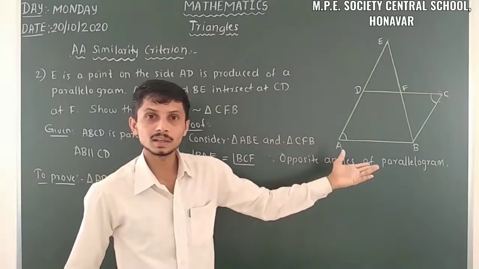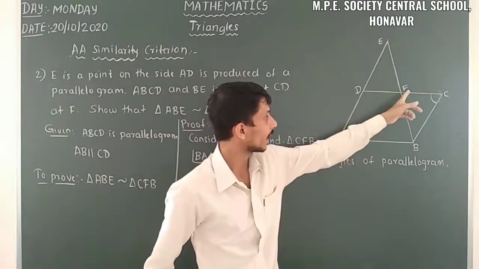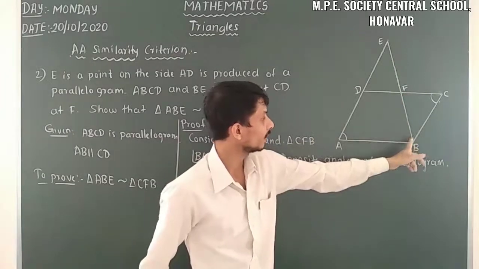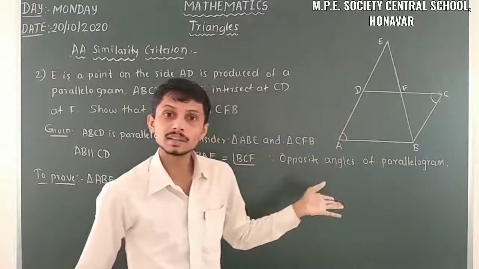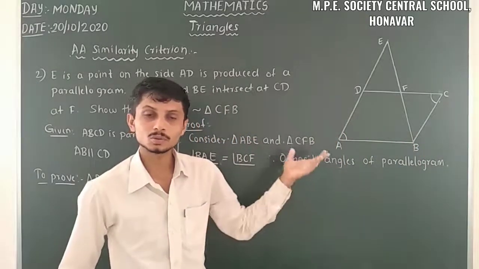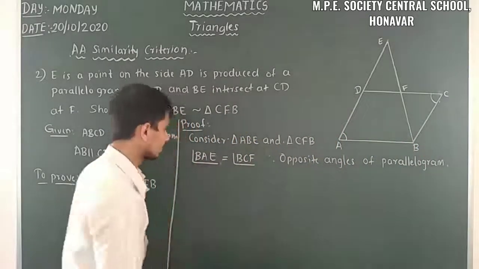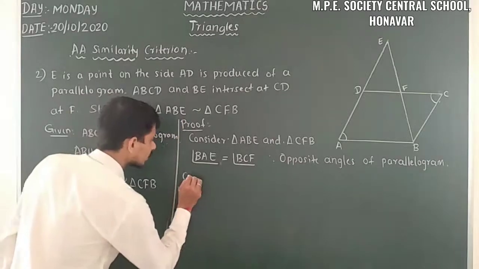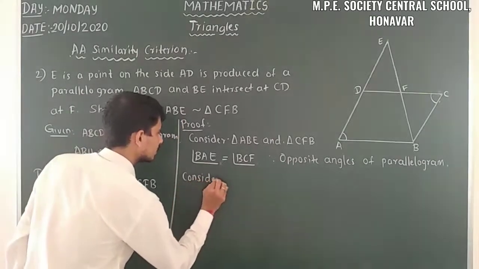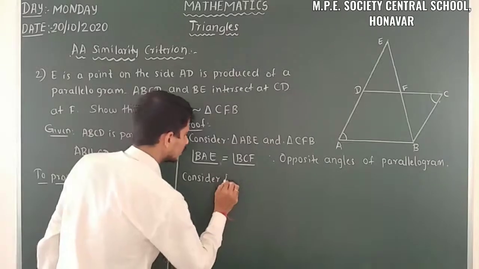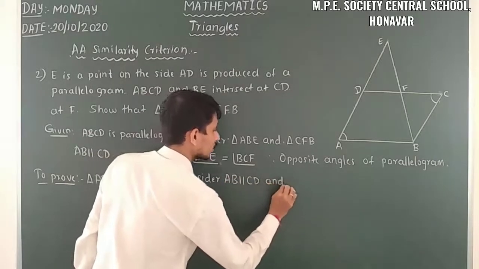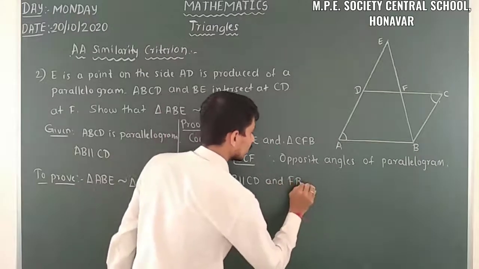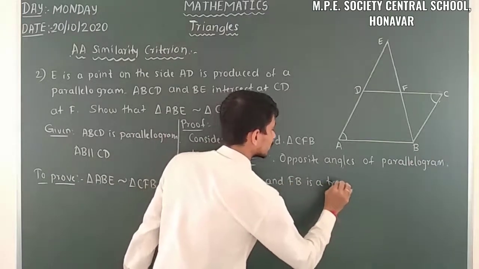So angle CFB and angle ABE are alternate interior angles, so those two are equal. That is, consider AB parallel to CD, and FB is a transversal.